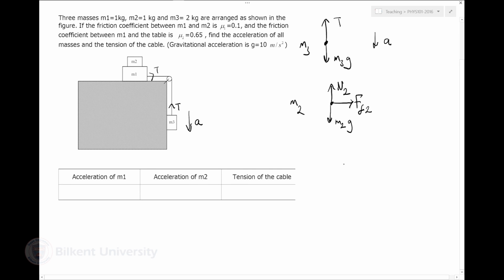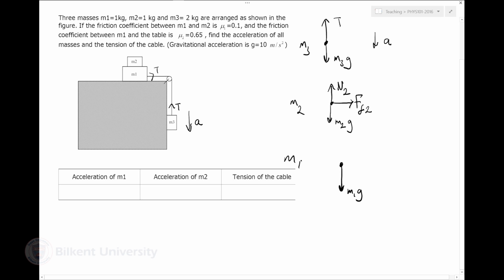How about the most complicated object in this problem, M1? Now, again, let's start with the obvious, M1G. No, there isn't M2G. We call it something else, right? N2. Okay, N2, what's N2?